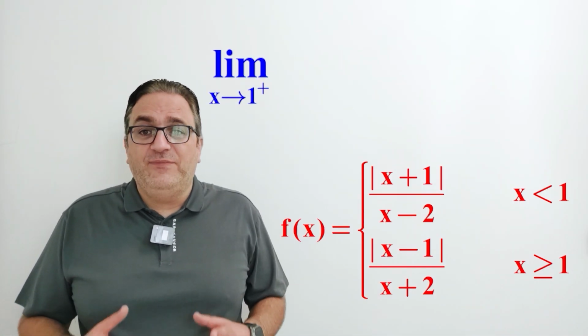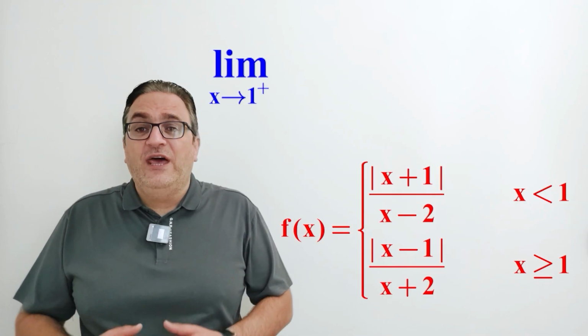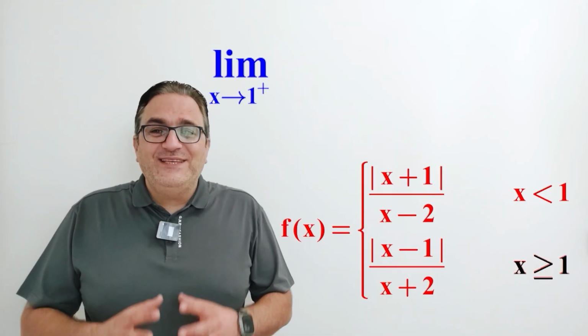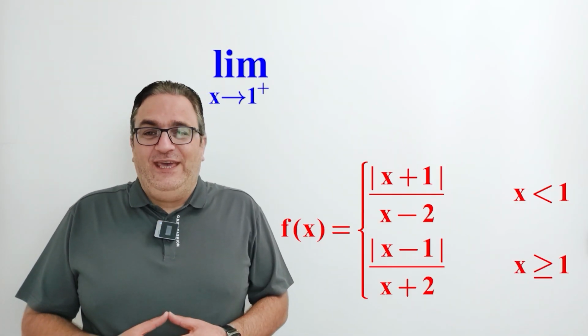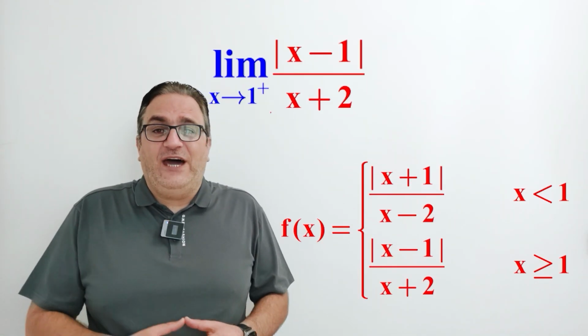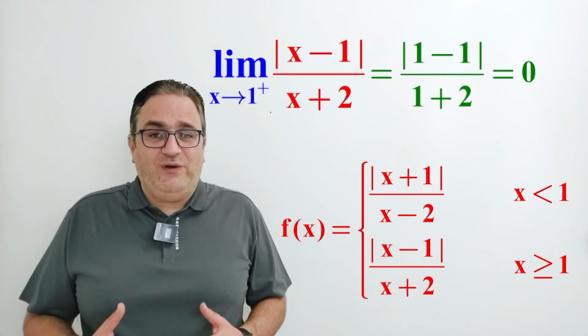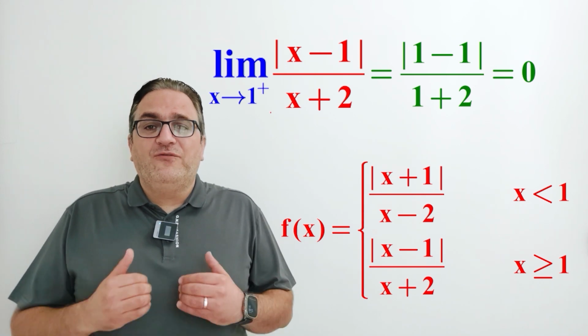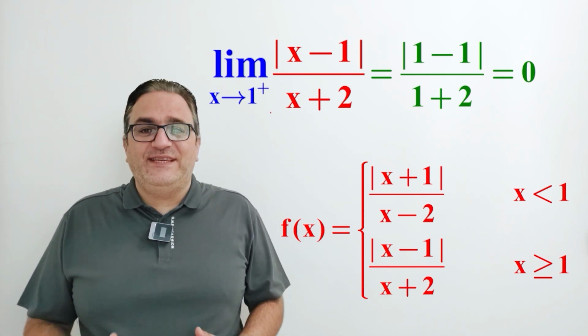Right hand limit means x approaches 1 from the right, means greater than 1. If we plug in 1 for x, in the second part we have f of 1 is equal to the absolute value of 1 minus 1 over 1 plus 2 equals 0.